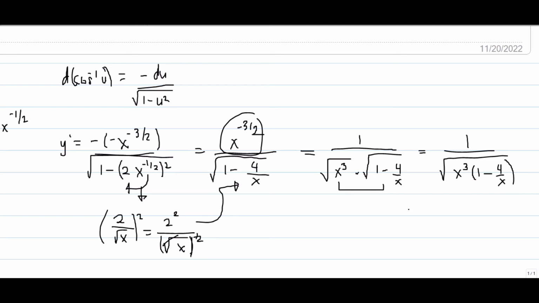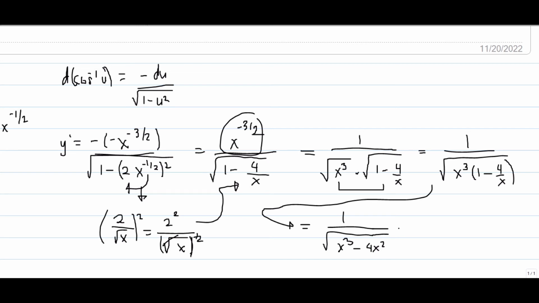So this is 1 over the square root of x cubed, then minus 4x cubed. Since we have the denominator of x, whose exponent is 1, this will be 4x squared.